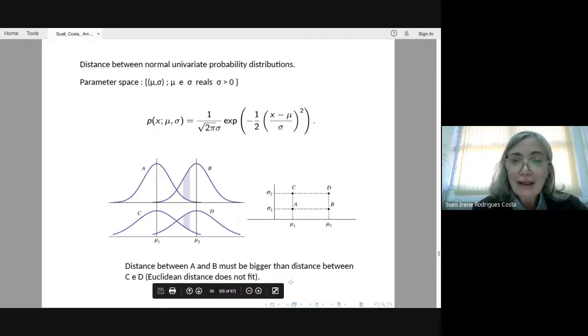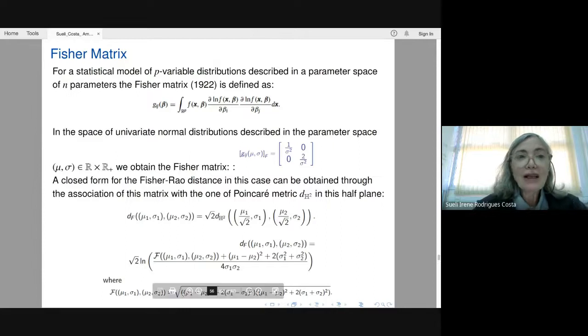For a statistical model of p-variable distribution described in a parameter space of n parameters, the Fisher matrix is defined like this: an integral involving the derivative of the log of the density with respect to the parameters.